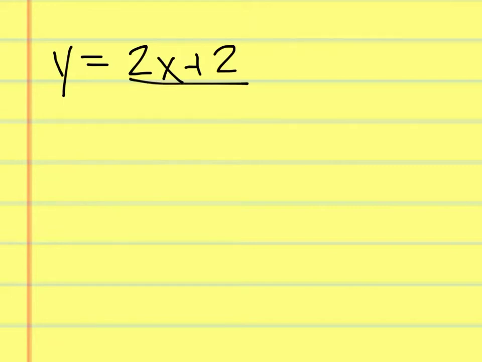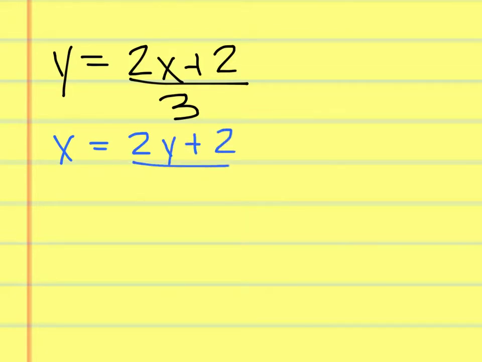Let's find the inverse of y equals 2x plus 2 over 3. So again, we're going to switch the x and the y, and then solve for y. One thing you could do is to cross multiply: 3 times x, and then 2y plus 2 times 1.